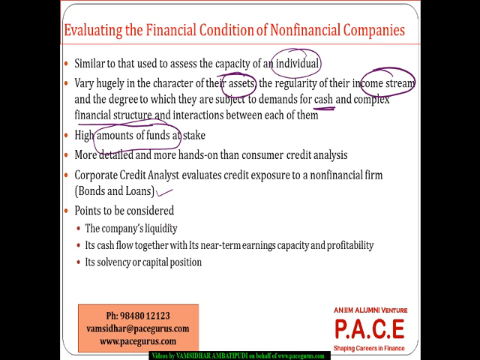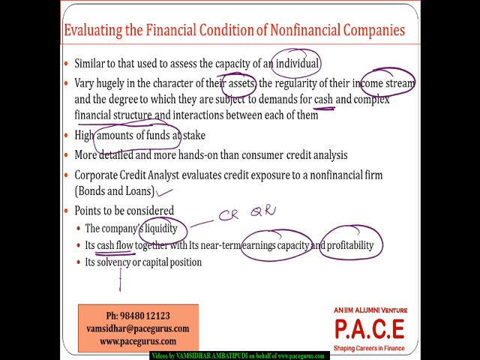The focus is more on the liquidity of the company. So we look at a few liquidity based ratios like the current ratio, quick ratio, etc. And we are evaluating the cash flow of the company in depth, the profitability of the company, and the near term earnings capacity, taking them as important factors as part of the financial condition of the non-financial company.